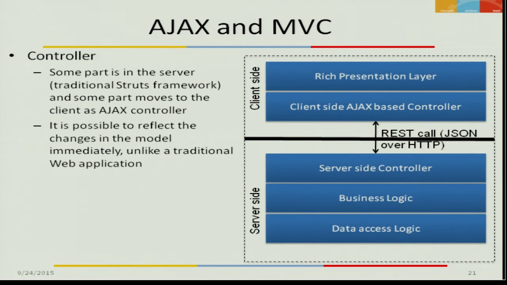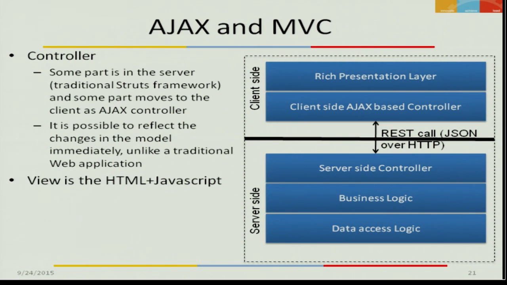The changes can be reflected to the view almost instantaneously, which is why you see today in many web pages that some part of the page gets refreshed quite frequently while the other parts remain static. To achieve this, one need not refresh the entire HTML page.